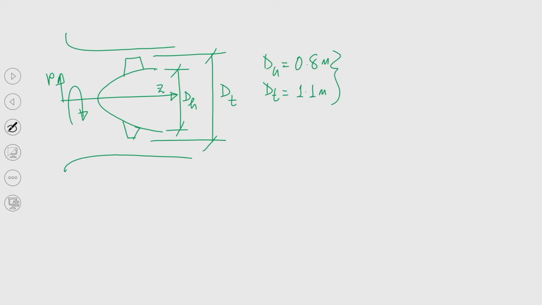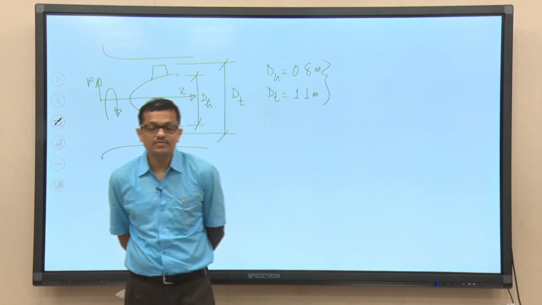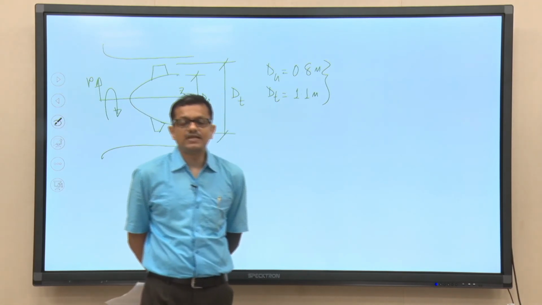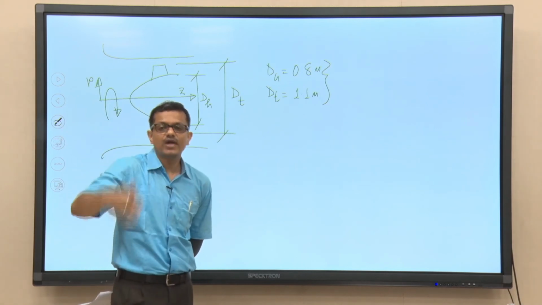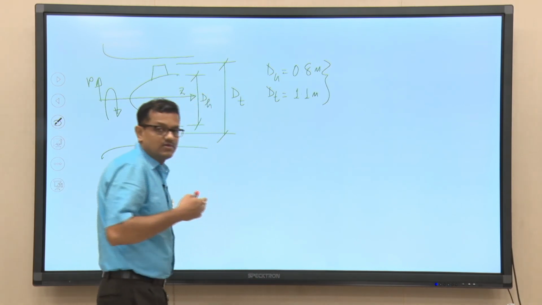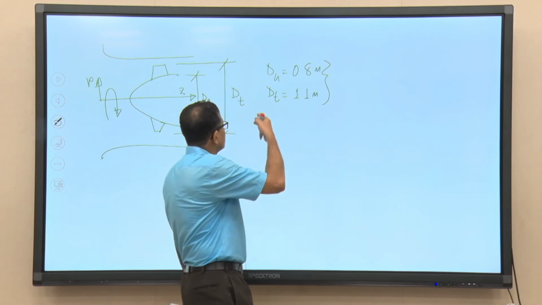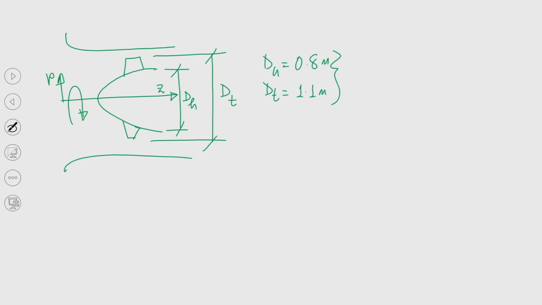Now, if you try to recall, I had discussed one important issue. What is that? Whenever we are trying to calculate flow parameters related to an axial flow pump, it is very difficult to say whether all flow parameters will be calculated based on the half diameter or the tip diameter, right.